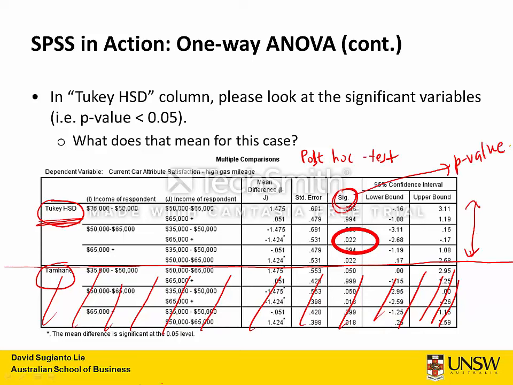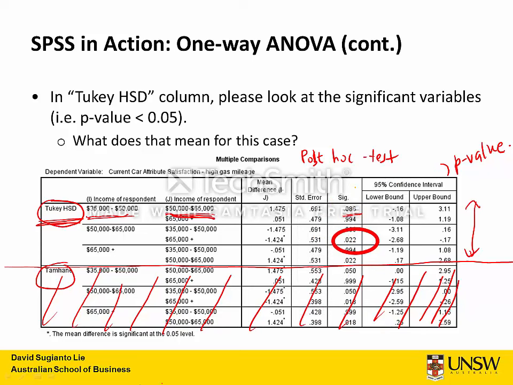What you're looking for is the difference, in which group there is a difference. For example, we look at the first one, which is the group of 35 to 50K with 50 to 65K. This is what they're comparing. Now we can see that the significance here is 0. Oh, I can't see it anymore. Let me just erase that.